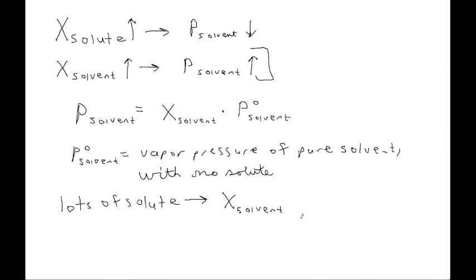It's going to decrease the mole fraction of the solvent. That's right, because now a small fraction is going to be solvent, a greater fraction will be solute. What does that do to the vapor pressure of the solvent?